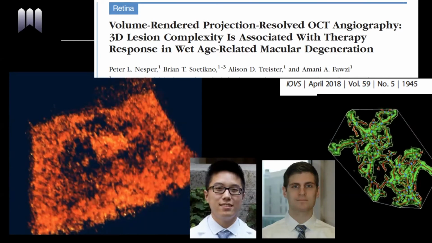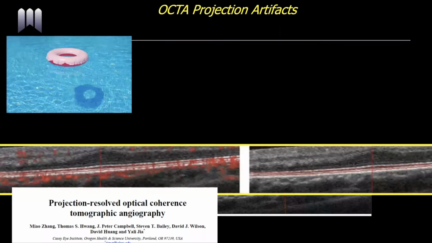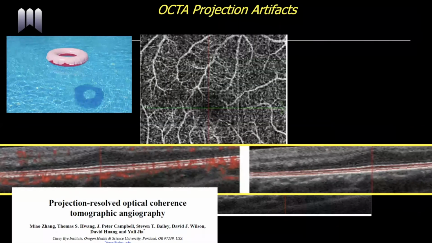So here we had a MD PhD student, Brian Satikno, who helped us adapt the projection removal software developed by Yali and David. And here it's really the annoying feature of projection artifacts, especially at the level of the RPE. So if you take a slab of OCTA at the level of the RPE, you'll see projected on it all the retinal vessels.